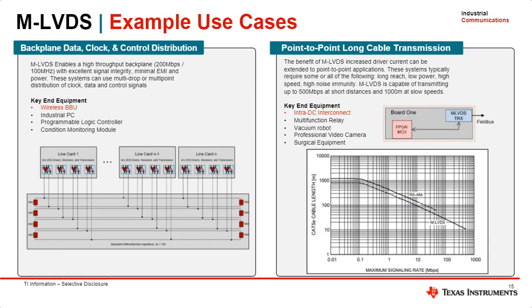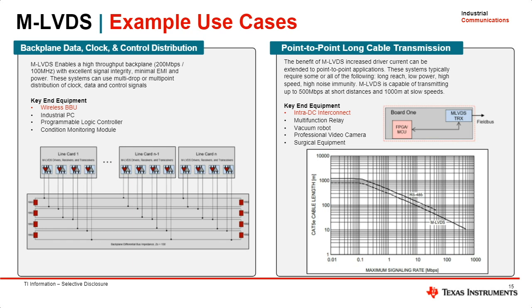Now, the most common application for MLVDS is in a backplane. So having multiple line cards that use MLVDS as the backplane interface, if optimized correctly, you're able to support up to 200 megabits per second in a fully loaded backplane with excellent signal integrity and minimal EMI.